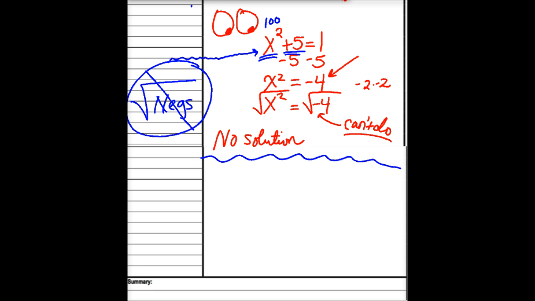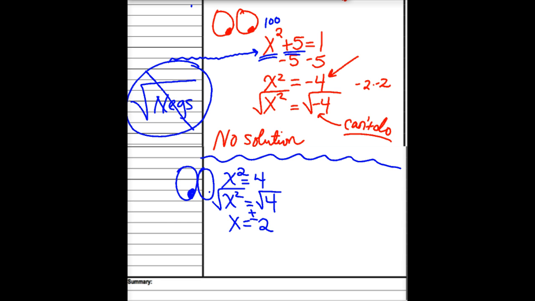The other thing, you need to really know your perfect squares because if x squared is equal to 4, then you might say, well, the square root gives us x is equal to 2, which is true, but we also have to put a little plus or minus on here because another set of eyeballs.